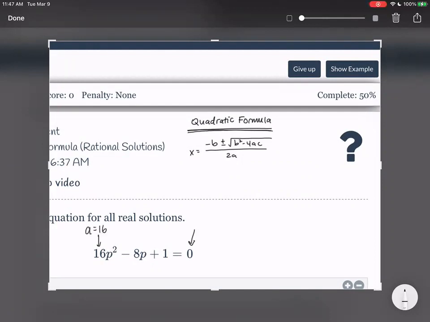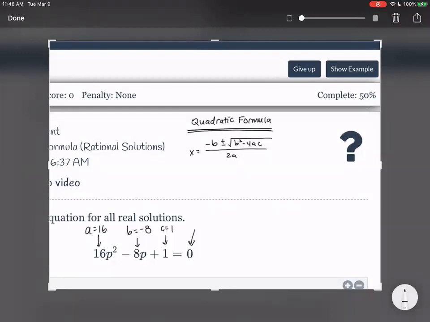The b is a number that's next to the variable, so it's the negative 8. And then the c value is just a constant, so positive 1. So here's your a, b, and c. Are there any questions? So then we just plug it in.